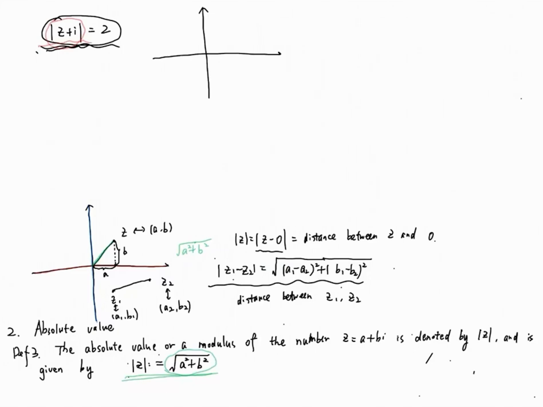So the geometric meaning of this is, since it equals the absolute value of z minus i, this equals this. Then what's the meaning of this one? Geometric meaning.